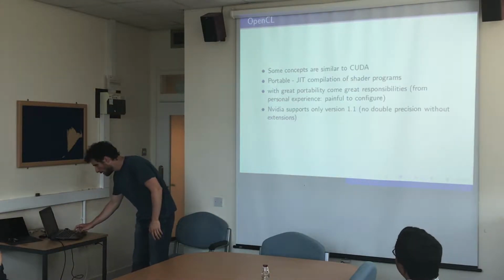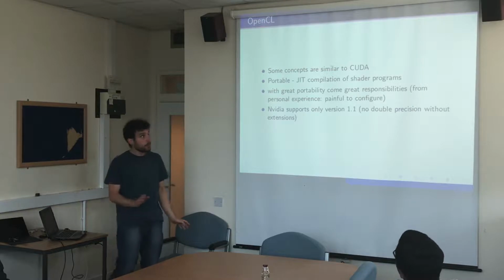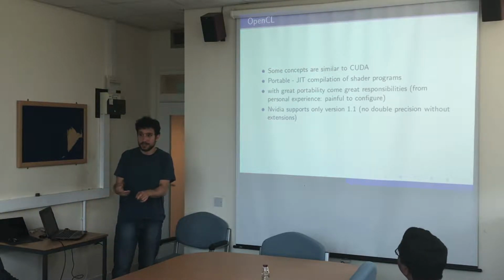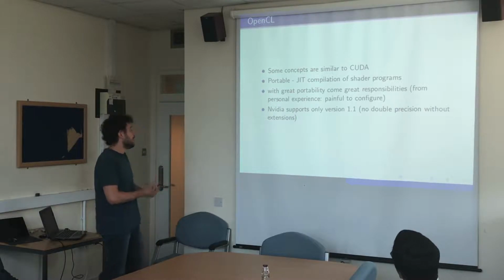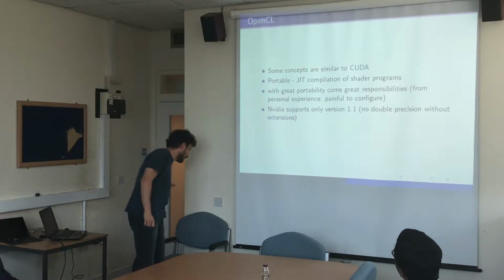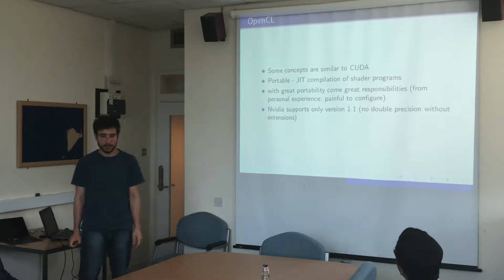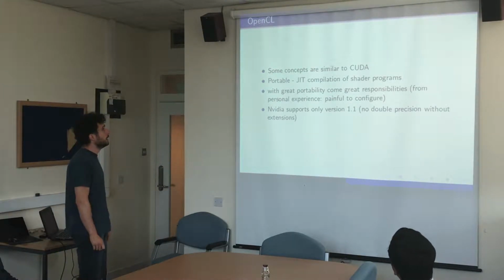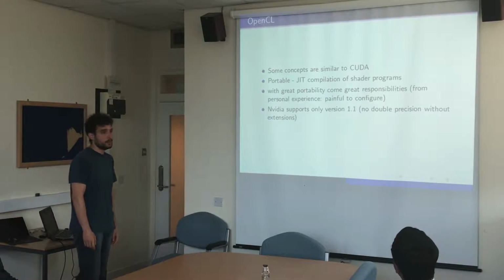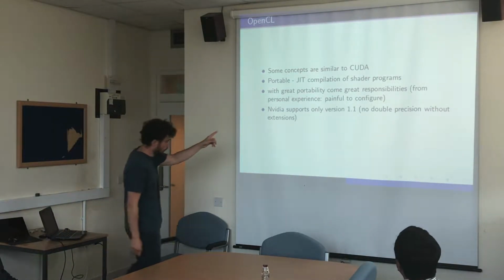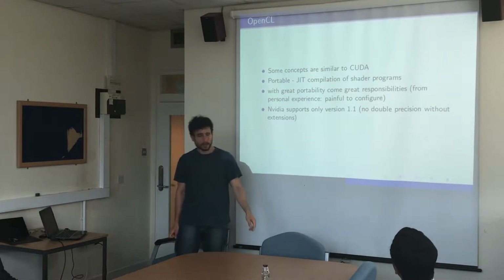Okay. Other things. So I'm moving to OpenCL now, and eventually we will go to the example. I don't know very much about OpenCL because I've been working mostly with NVIDIA GPUs. And NVIDIA GPUs support in some sense OpenCL, but only up to version 1.1.